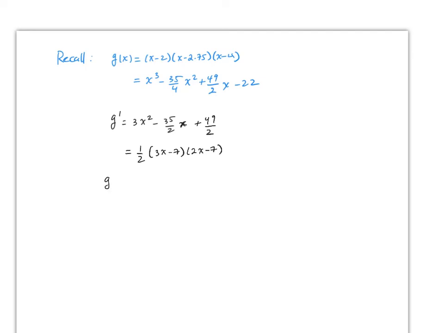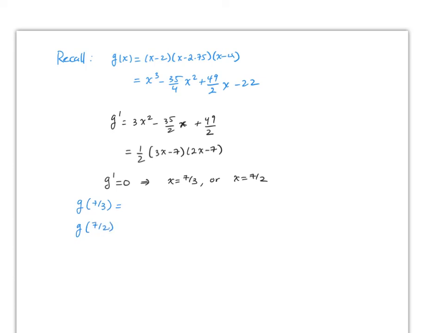So clearly g prime will be 0 if x equals 7 over 3 or x equals 7 over 2. Now to find the maximum, you plug in the critical points, just like you did in calculus 1. You don't have to worry about the endpoints because both of them will give you 0. So therefore you only have to check g of 7 over 3 and g of 7 over 2.